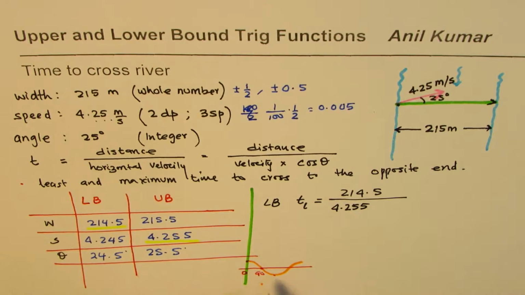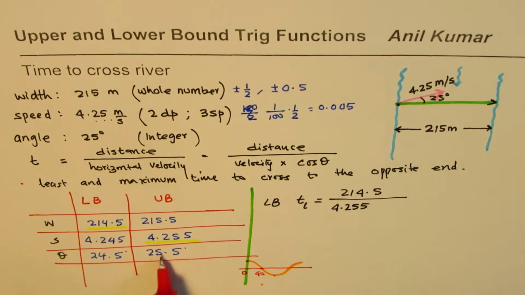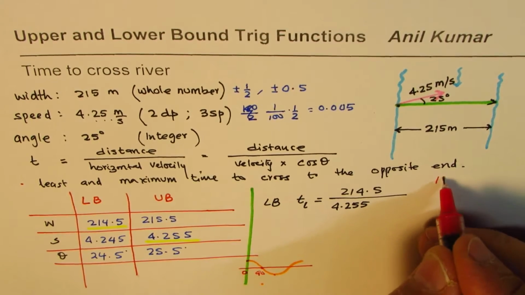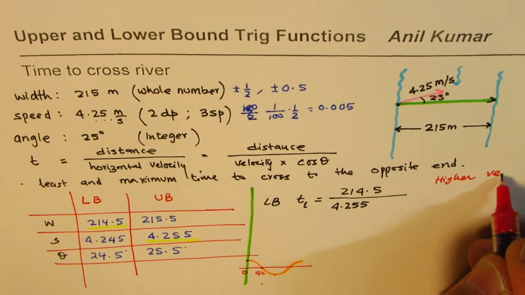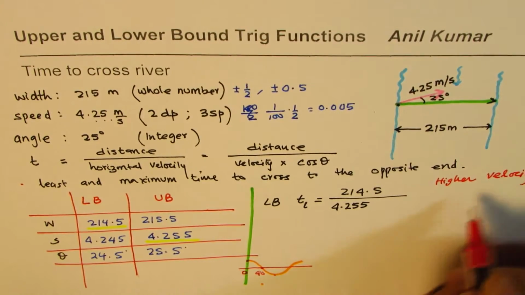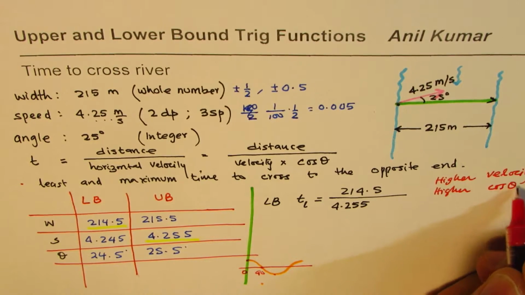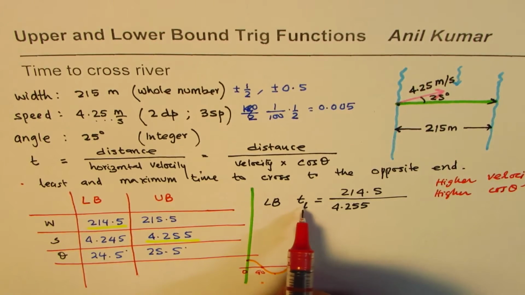Is that okay? Now in this case, theta is 24.5 and 25.5. We want higher velocity, right? And we want higher cos theta because they're in denominator, right? To get the lowest time.